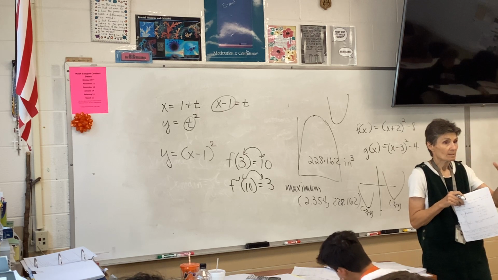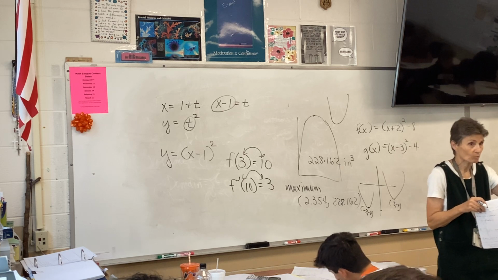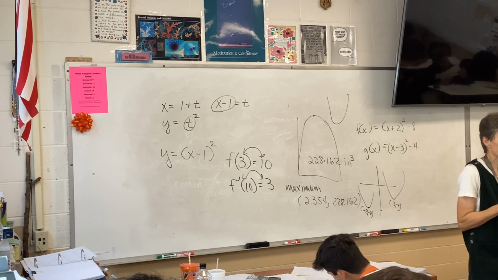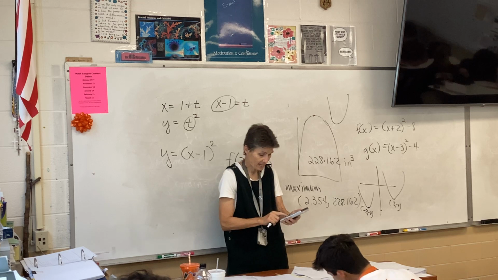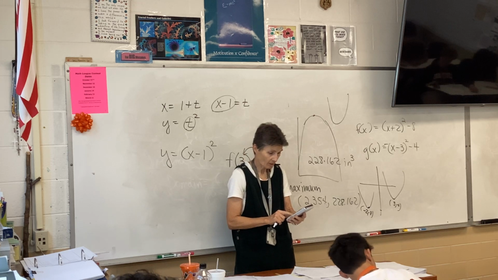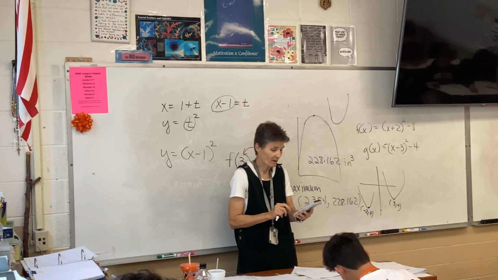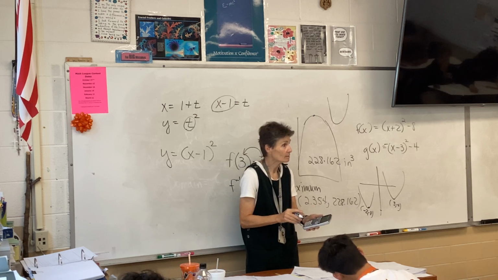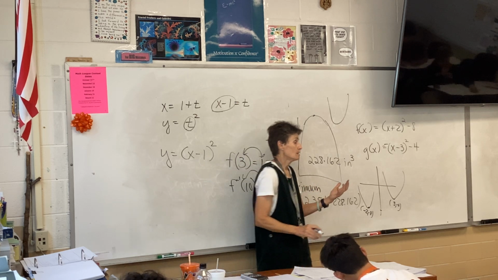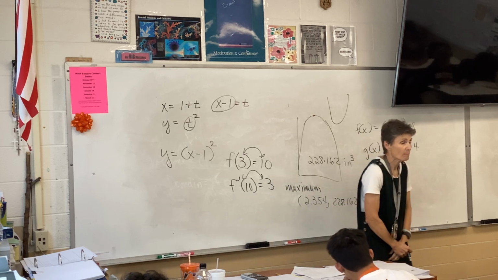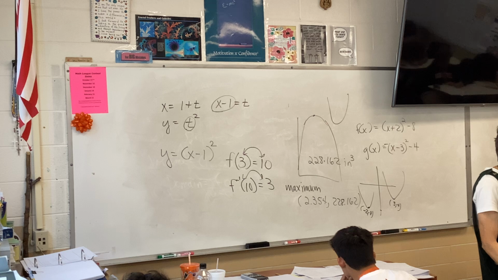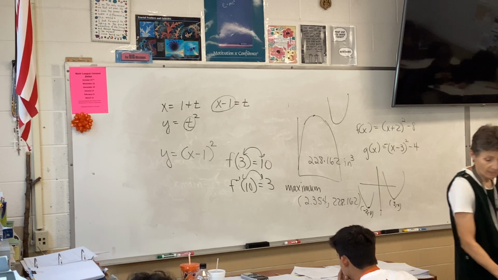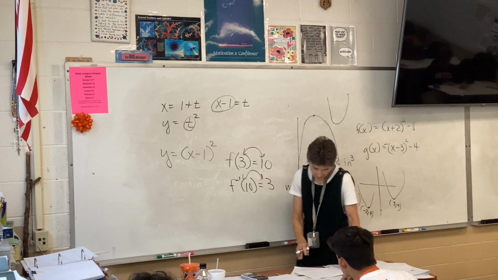So what is 3.5 divided by 5? 0.7. So what percent of my trip did I walk? 70% of it. Easy.